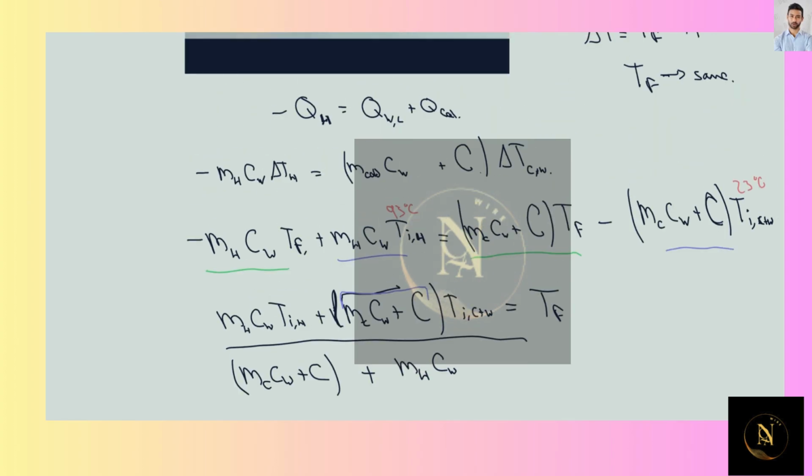And the value for that, for mass cold times (Cw plus the calorimeter constant), is going to be, we have 267.1 grams of cold water times 4.184 plus 135.5.